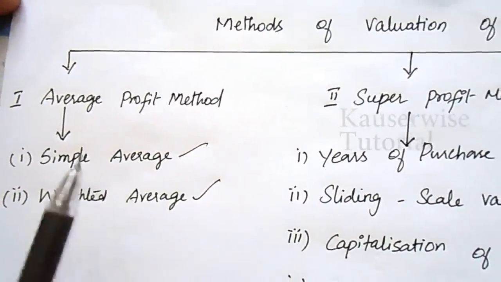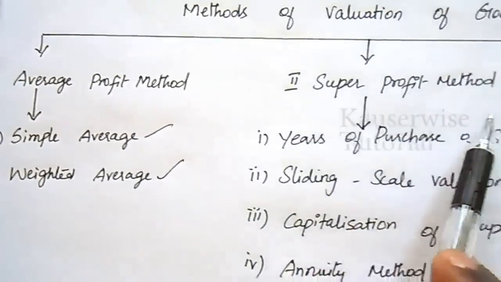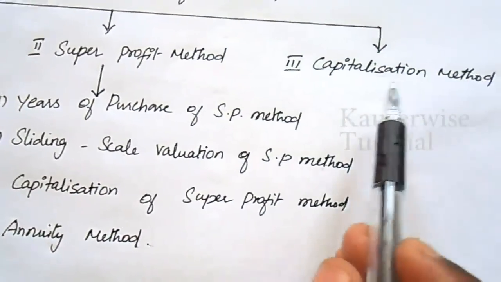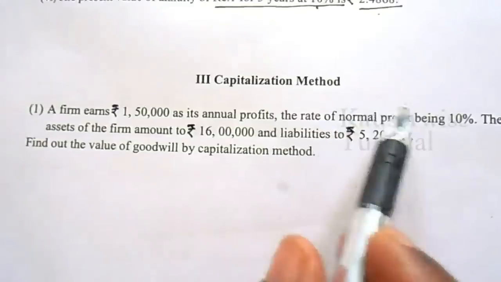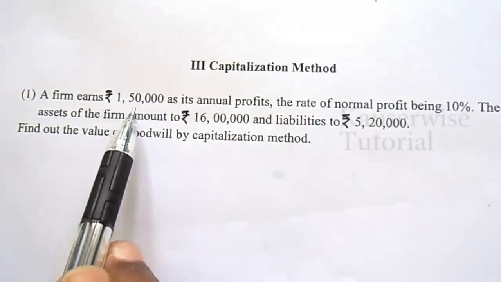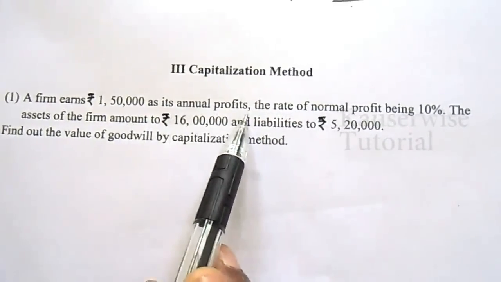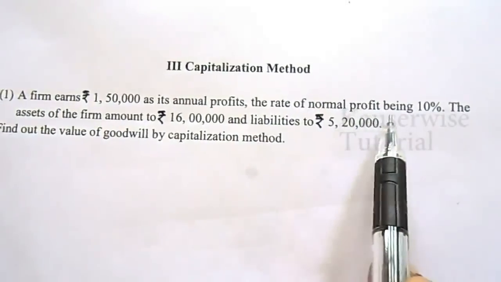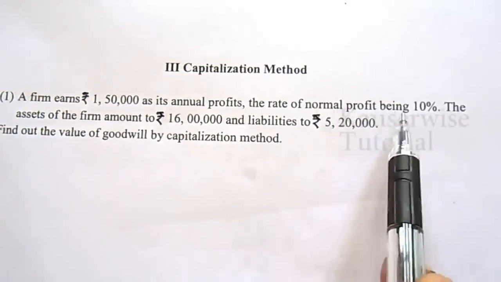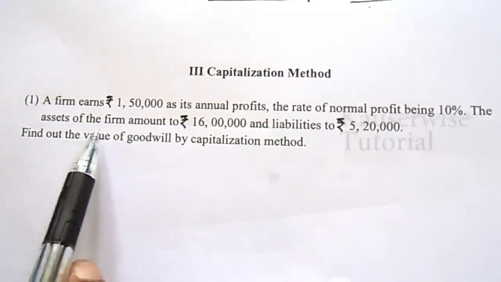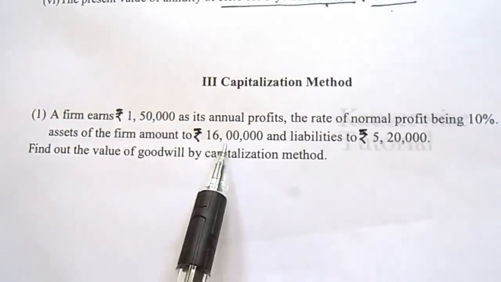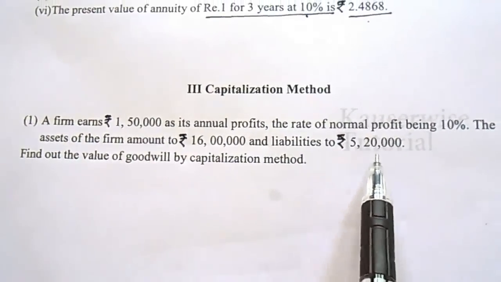So far we have discussed average profit methods and super profit method. Let us see the last one, that is capitalization method. A firm earned 1,50,000 as its annual profit. The rate of normal profit being 10%, that is NRR is 10%. The assets of the firm amounted to rupees 16 lakhs and liabilities 5,20,000.